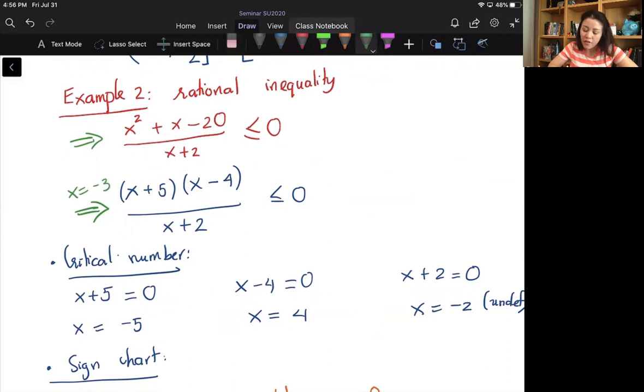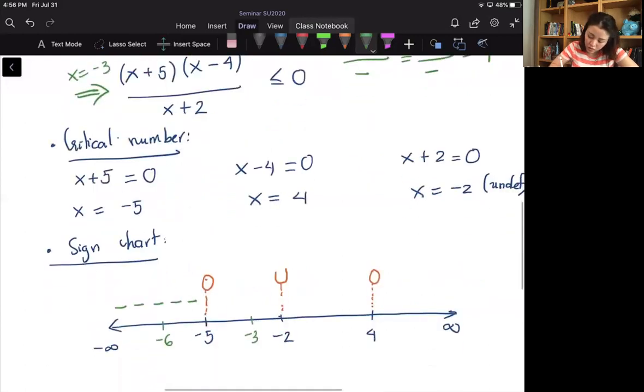Negative 3 plus 5 is positive 2, so that's positive. Negative 3 minus 4, that's negative. And the bottom, negative 3 plus 2, that's negative 1. So the top is negative and the bottom is negative, giving me the net of positive. So everywhere here in this region is positive.